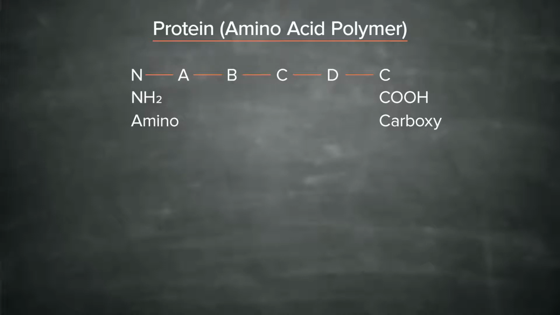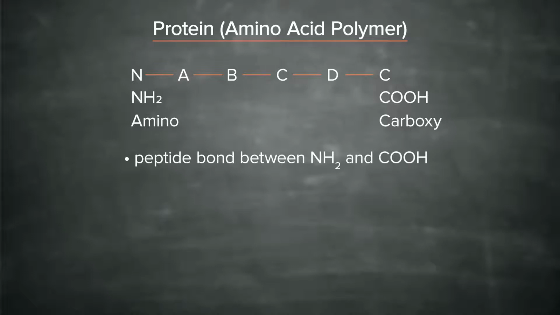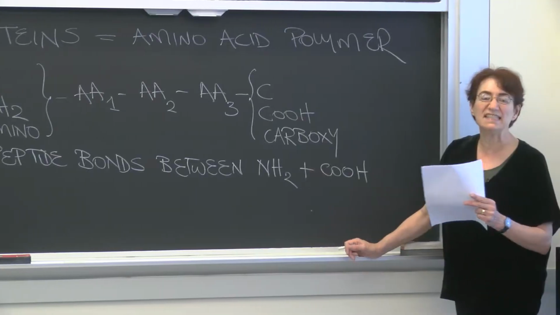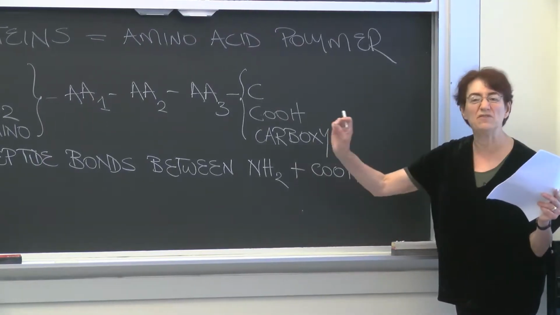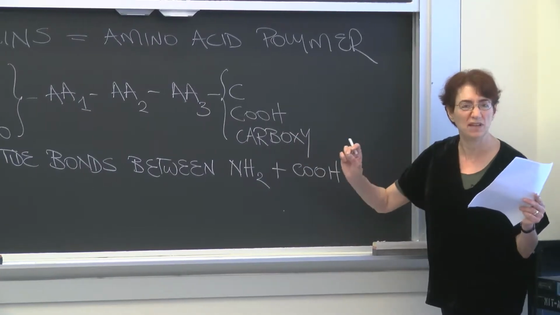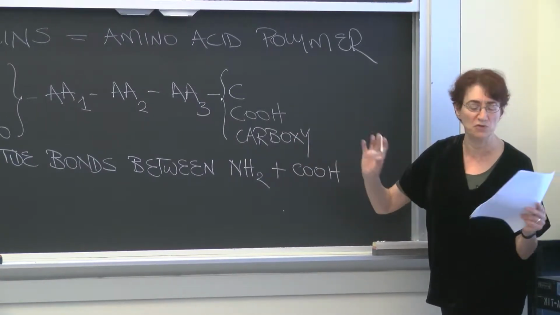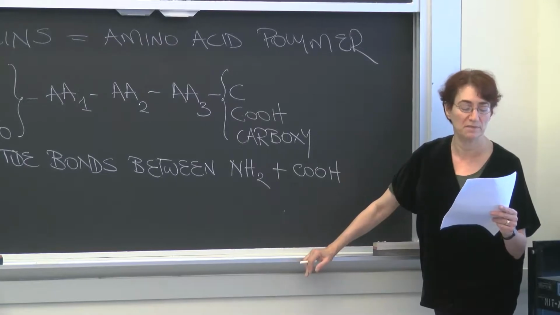The amino acids are joined together by a peptide bond, covalent bonds between the amino group and the carboxyl group of the amino acids. And this NC bond will form a kind of a backbone, similar to the nucleic acids. Not the same at all, but the notion is similar, as I'll show you in a moment.